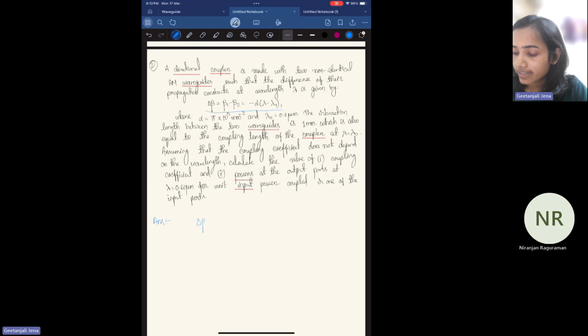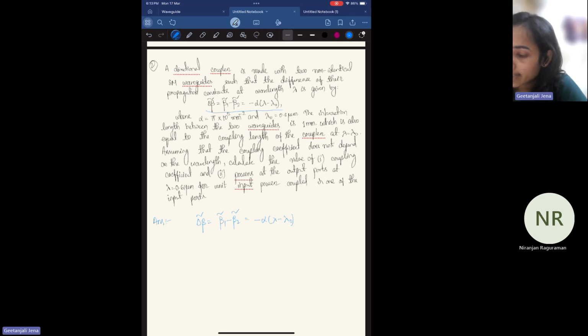So delta beta is given, which is beta 1 minus beta 2, which is minus alpha into lambda minus lambda 0. You can take this as delta beta, because in class it has been noted as delta beta, so it's better to take that only.